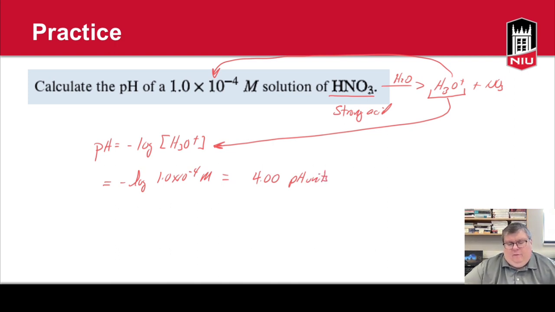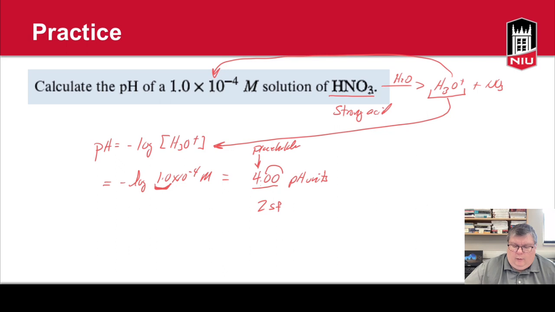Now, a word about significant figures. This number has 2 sig figs, but Dr. Brinkley, it looks like it's got 3. It looks like that, but the number before the decimal place is a placeholder. It is these 2 decimals after the digits that correspond to the 2 digits in our concentration.